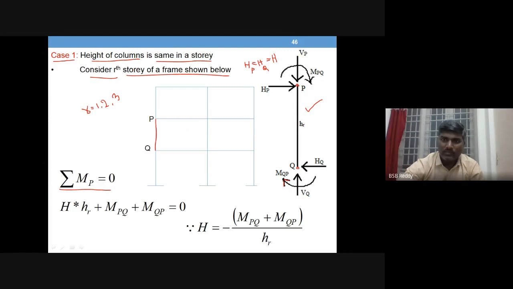HP is equal to H, passing through the point P, so that is also 0. So only HQ, which is equal to H into HR. That means clockwise moment. So clockwise moments are written positive. So H times HR is the only moment from loads, and the other moments are the moments developed at the ends, that is end moments.